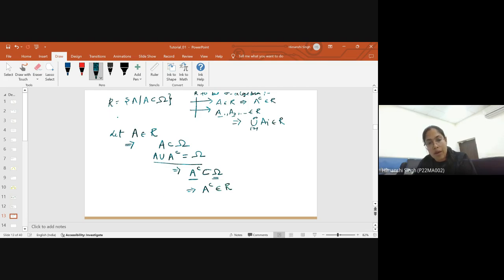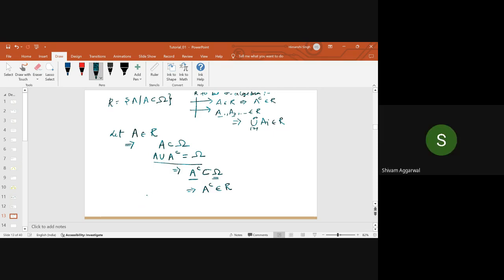Does anyone have any problem regarding this proof? If A belongs to R, then A is a subset of omega, and A complement will also be a subset of omega, so A complement will be in R. Is this okay with everyone? Yes, ma'am. Ma'am, can there be a case where A complement is a subset of omega, but it doesn't belong to R?